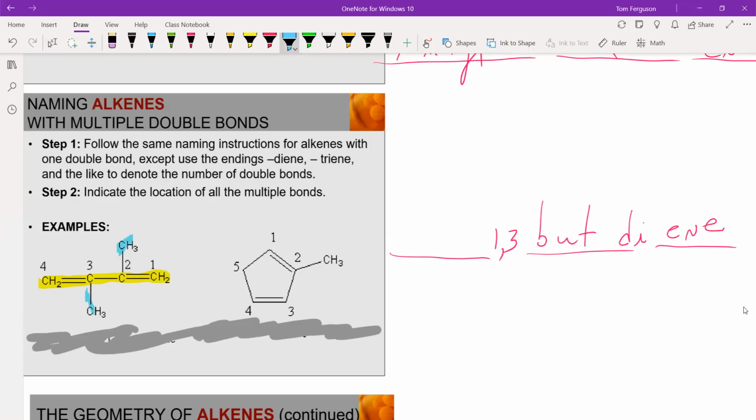We have a couple branches, so it's going to be 2,3-dimethyl-1,3-butadiene. Now that's probably the most complicated we've done so far.